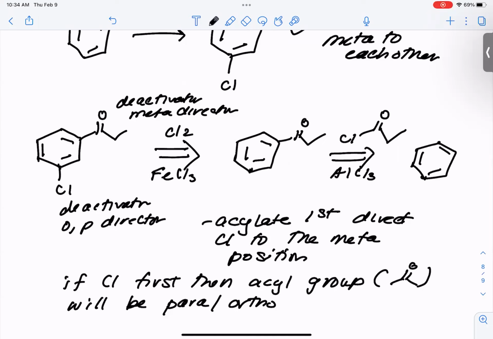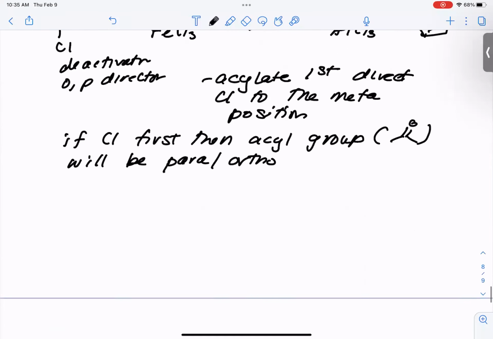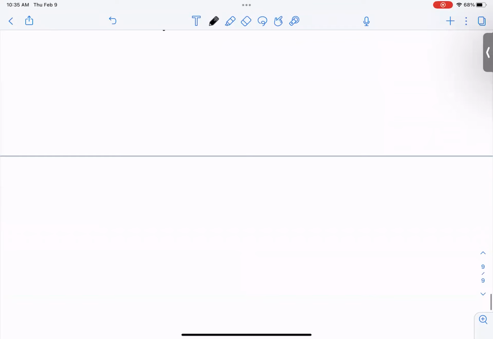A couple more things that I want to do before we do another example. We can change groups into activators and deactivators, or meta directors and para directors. So two reactions that we have to be aware of.